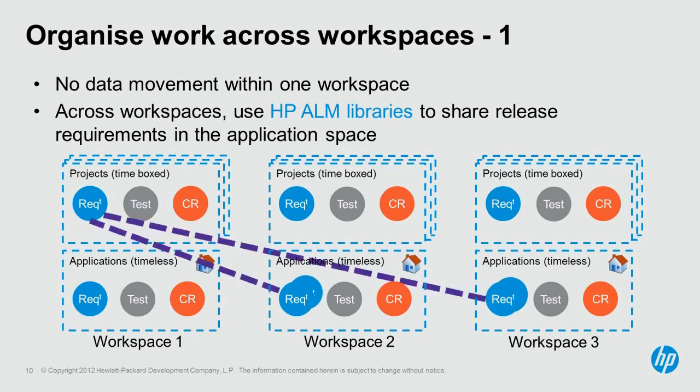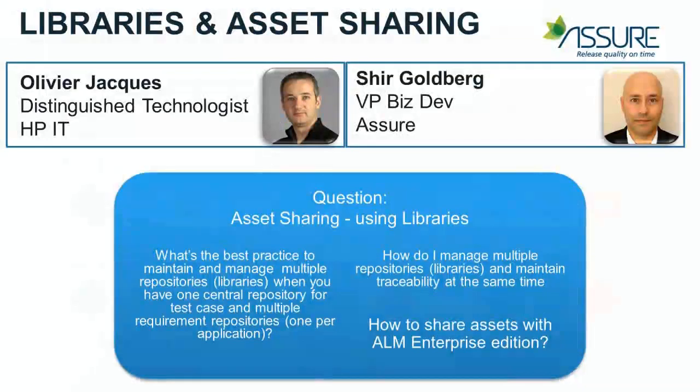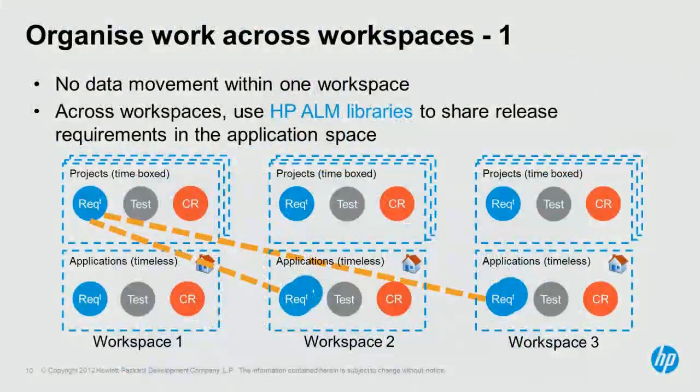which is an embedded mechanism in ALM which allows you to share requirements and tests not only within ALM workspaces but also across ALM workspaces. Within an ALM workspace, you can have a set of requirements and tests, which is called a library, and share that.